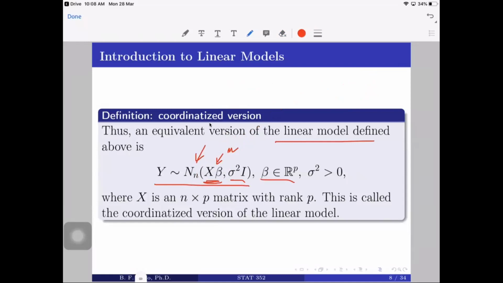Your beta is p by 1 and your X is n by p. So this should be conformable. This is n by p, this is p by 1. So this is n by 1, wherein your Y is also n by 1. So this is called the coordinatized version of the linear model.